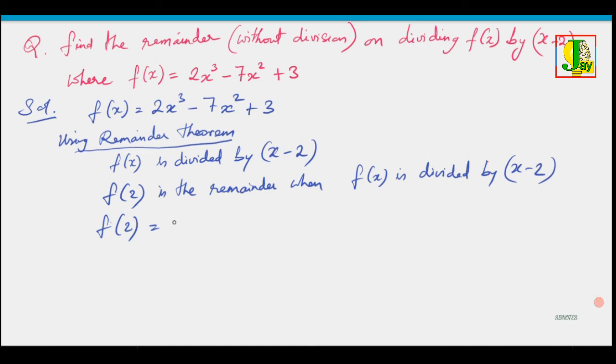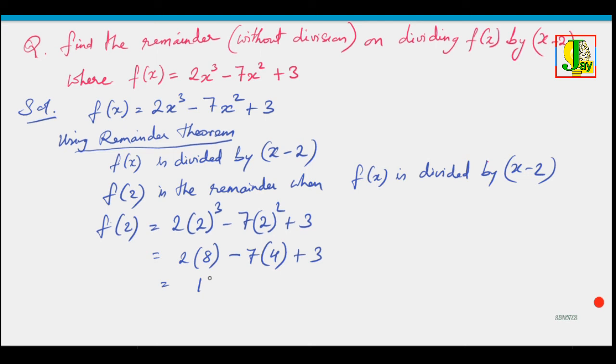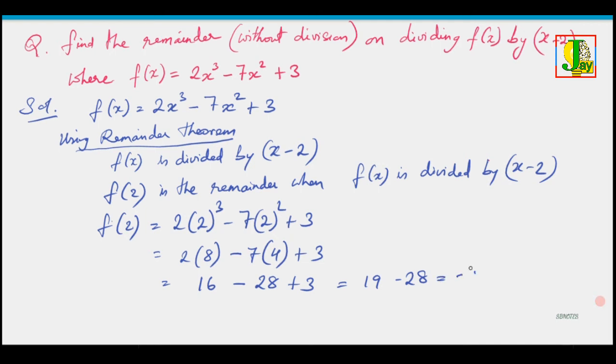So f(2) will be 2 into 2 cube minus 7 into 2 square plus 3. It is 2 into 8 minus, so we have 19 minus 28, minus 9.